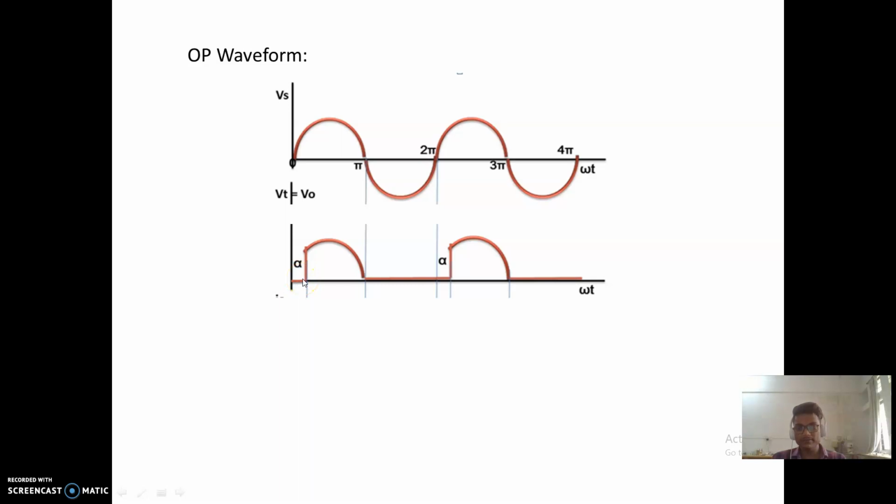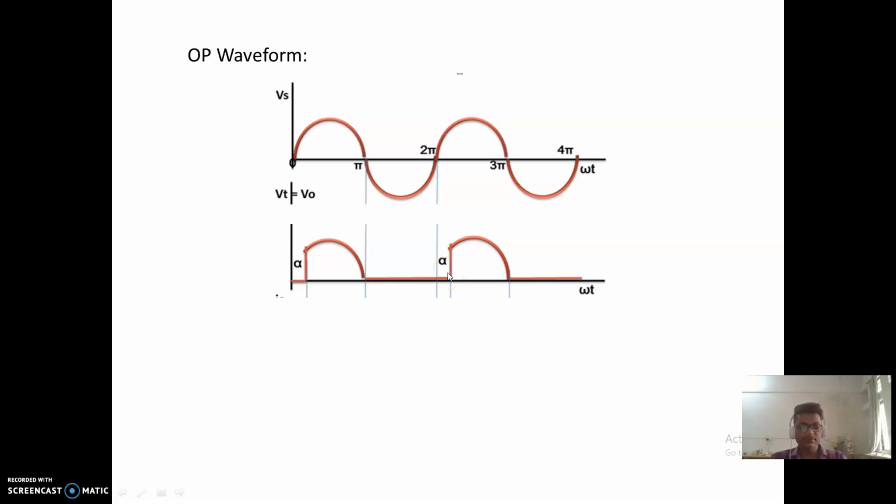Suppose our firing angle is 30 degrees, then after 30 degrees the switch is on, and from alpha to pi plus alpha our output is up. We can clearly see here, after the firing angle our switch is on, and at that time the output voltage is high, and during the negative half cycle our output is low.